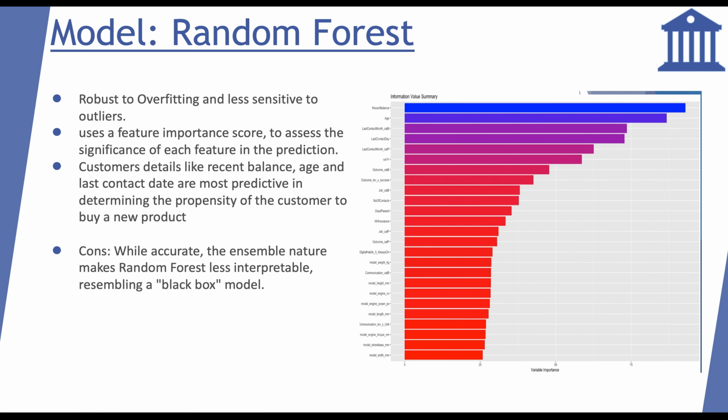Next is the random forest. Random forest is a very robust model against overfitting and is less sensitive to outliers. It uses importance scores to assess the significance of each feature. In our case, customer details like recent balance, age, and last contact date are the most predictive in determining the propensity of the customer to buy any product.